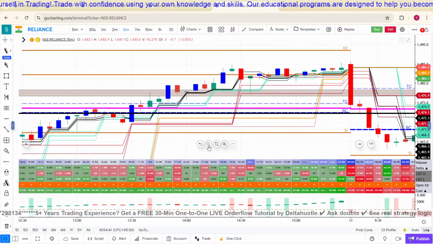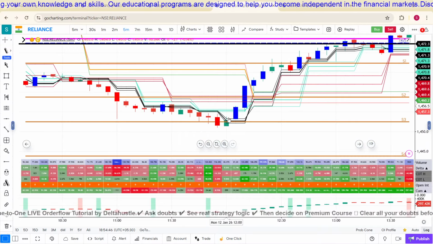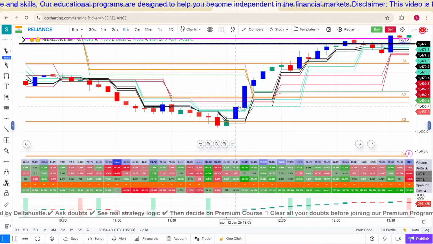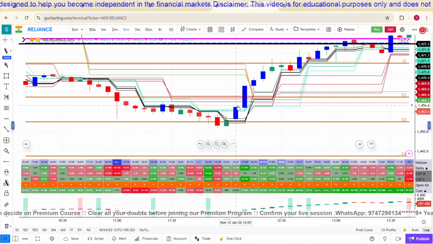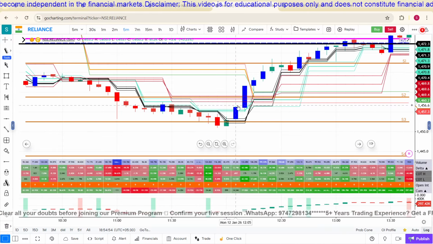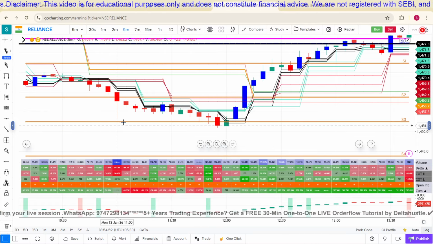And before that, with the order flow, we can even enter in this candle, right? And some sort of absorption has happened in this candle.